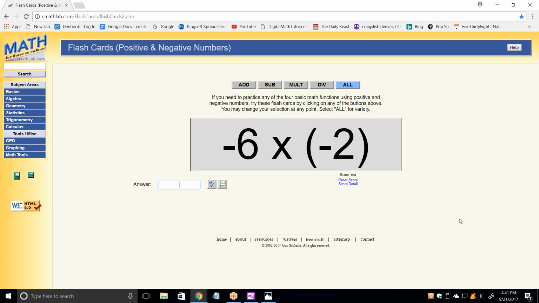You were the one that did fantastic on this, but you don't do fantastic when you're solving equations. I don't understand that. What's this answer? Negative 12 or 12.